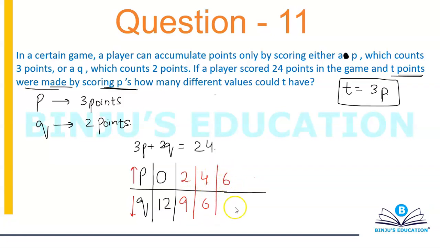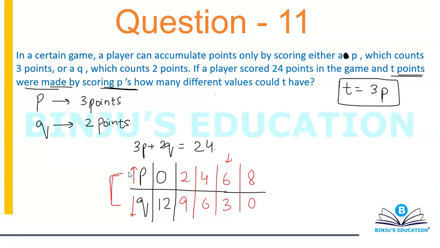Then P will be 6 and Q will be 3. Then P will be 8 and Q will be 0. You can verify also. Let's take any random value, let's take 6 and 3. So 3 into P, that's 3 into 6, which is 18, and 2 into 3 is 6, and 18 plus 6 is 24. So these are the 5 values of P and Q which we can have.